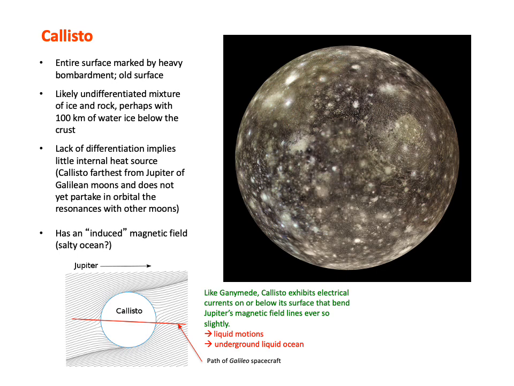One of the things that we see is that the entire surface seems to be pockmarked and therefore appears to be old. We believe that underneath that surface is an undifferentiated mixture of ice and rock.